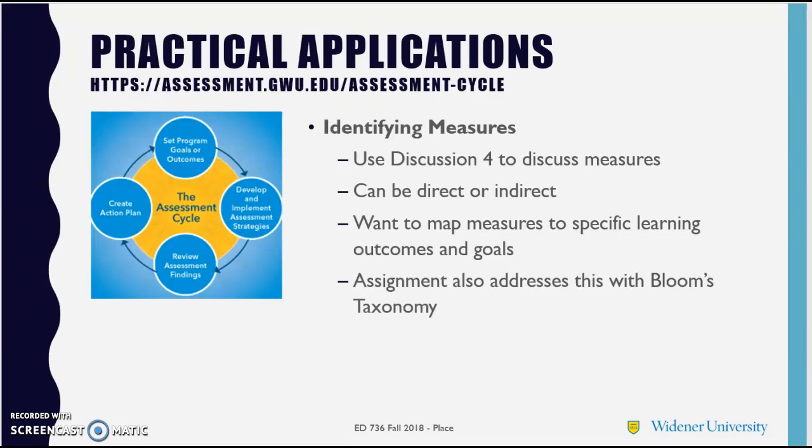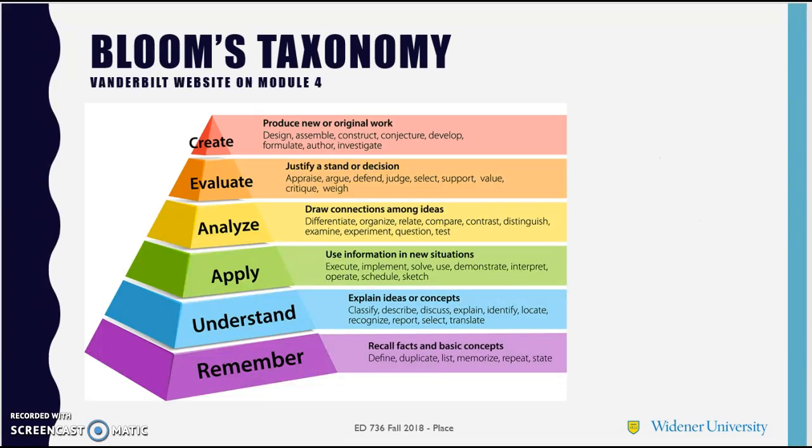You may have already heard about this in other courses, and I don't think this will be surprising information to you, but Bloom's taxonomy includes 6 levels at which a student can be assessed.